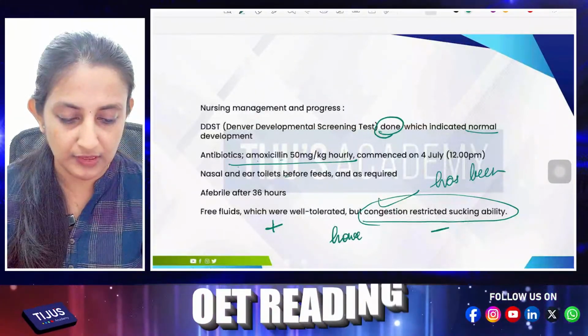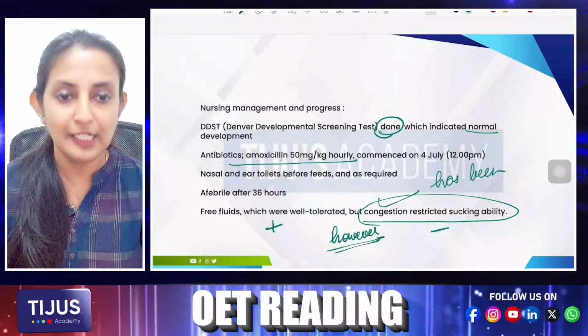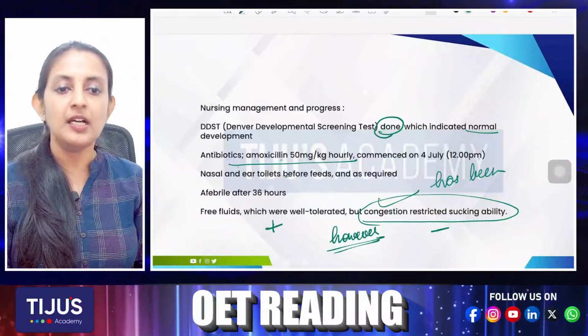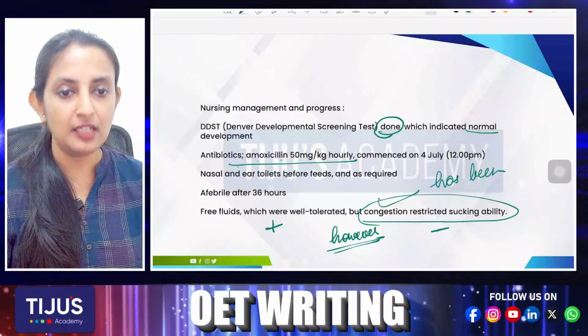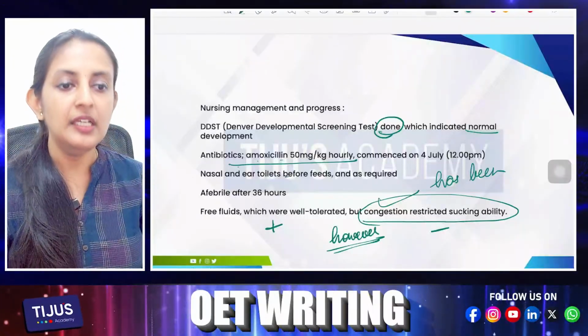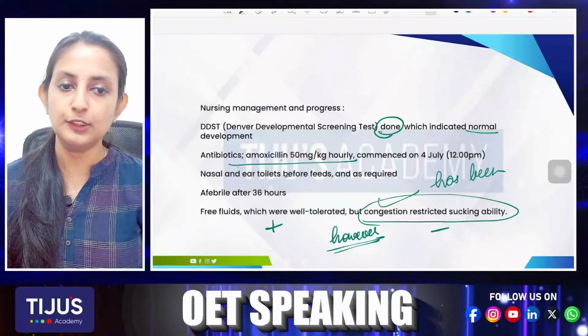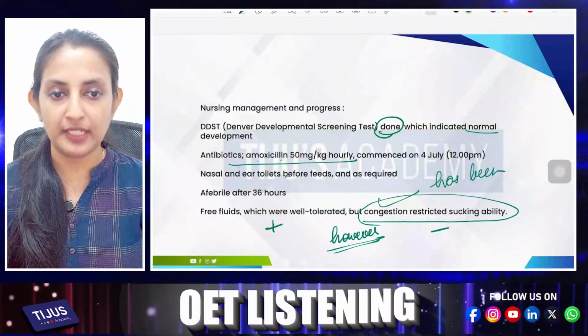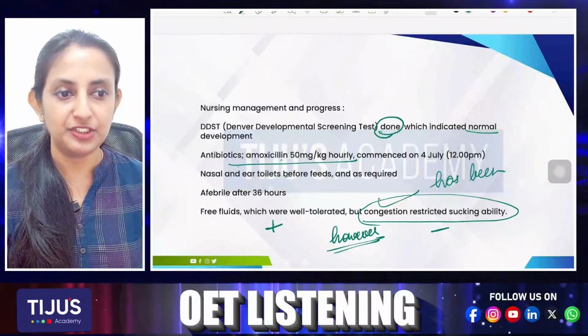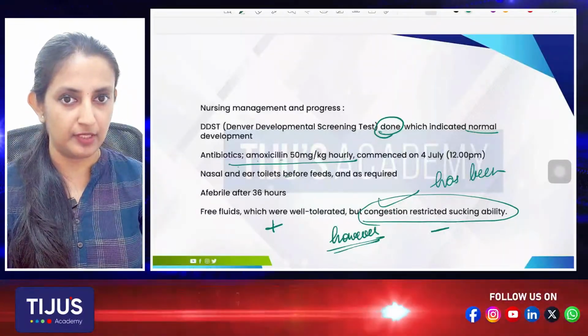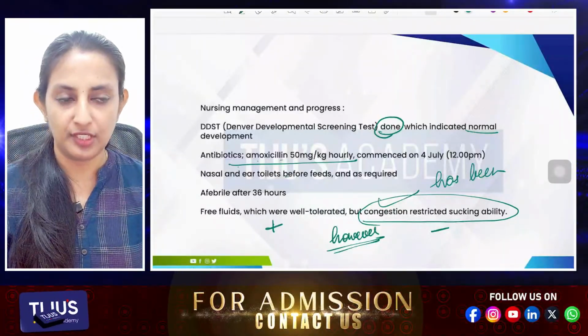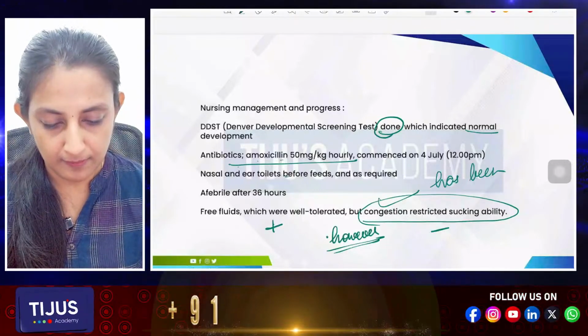So this is how the sentence should be: He started tolerating free fluid, however his congestion restricted his sucking ability.